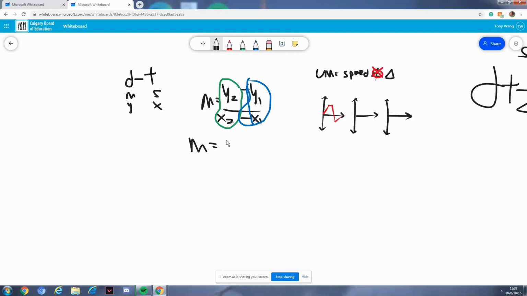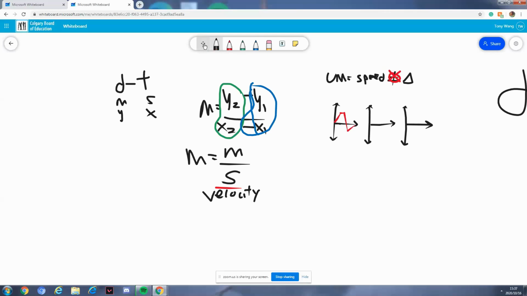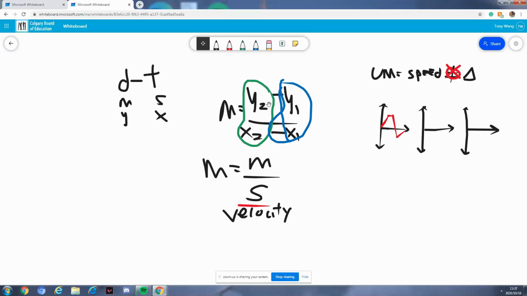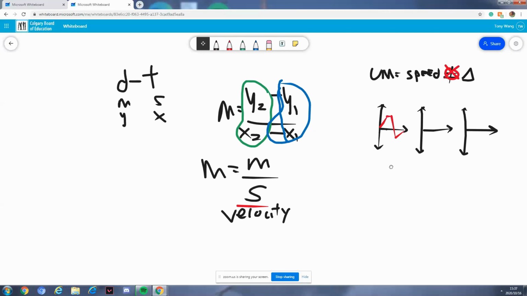So the slope would have meters on the top and seconds on the bottom. This tells you that the slope would be your velocity because of units. Think of how rate of change is similar to the change of distance per unit time. It's all interconnected, so don't worry about it.